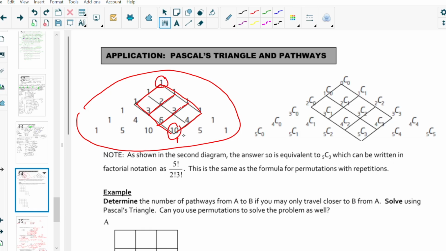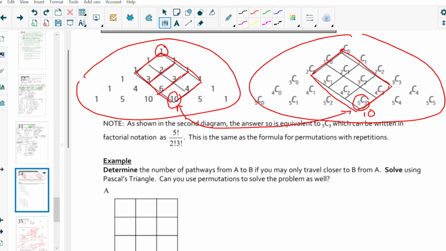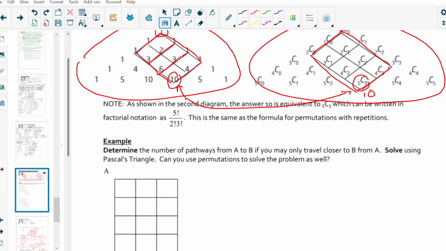Well, 10. And we can also see that same Pascal's triangle, except written in combination form. If I overlay the same grid, well, that number corresponds to that one. That's still 10. Okay. As shown in the second diagram, the answer 10 is equivalent to 5c3, which can be written as such.